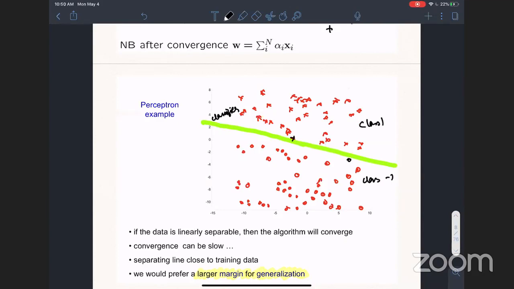A slight deviation from this line, and you start misclassifying the test samples. This model might not be good for generalization because you never know what your test sample is. If it slightly lies near this plane, it might not generalize well, because you have to take into account what if there's some outlier in your data set.